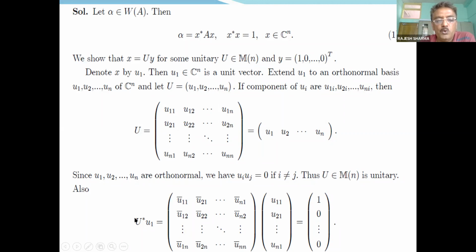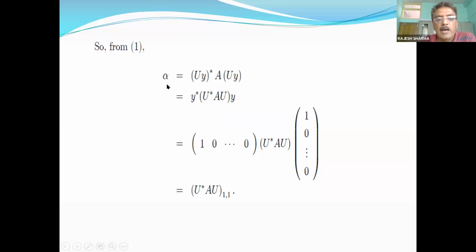So multiplying with U, we have u1, that is x is equal to U times this y. So alpha is our x star Ax. In place of x, write Uy. This Uy star comes out to be y star U star. Take y star U star, A, then U y. This y is 1, 0, 0, and so on, and also here. And this gives the 1-1 entry of this inside matrix.